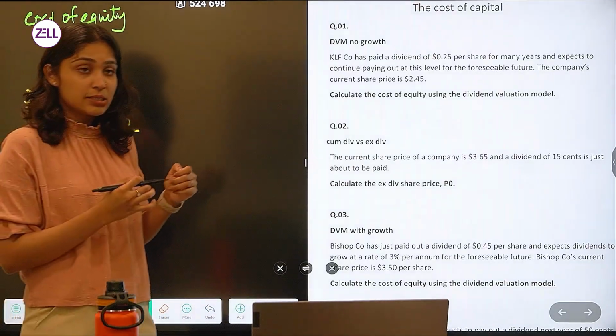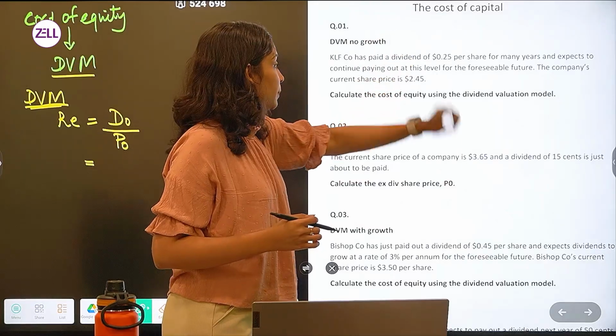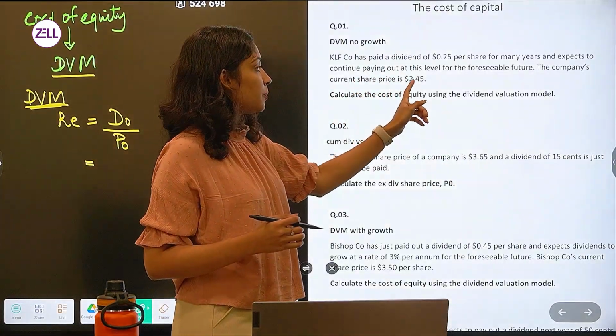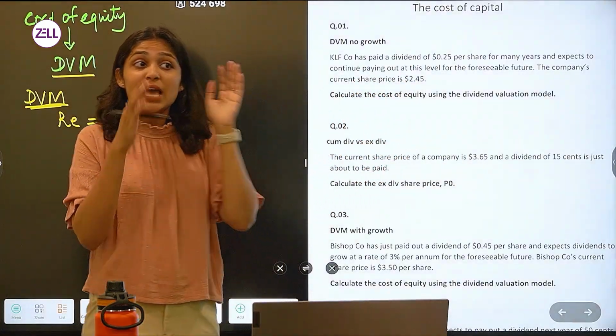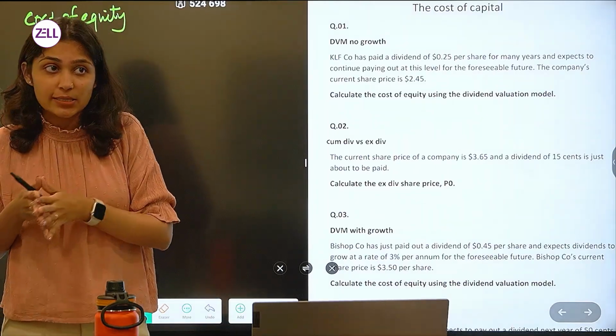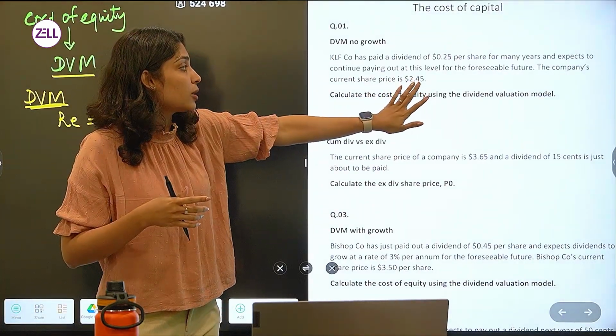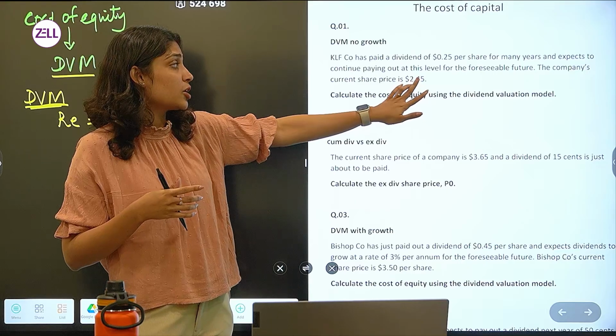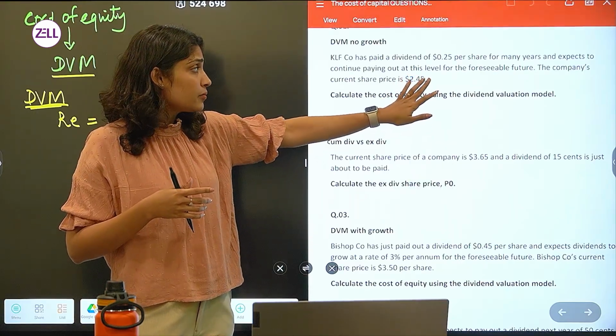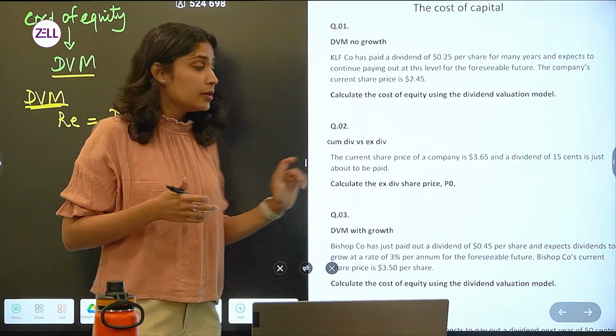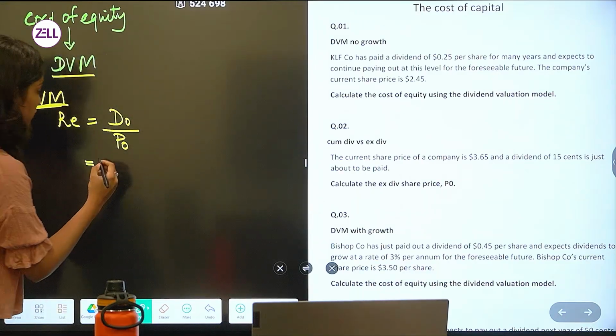So if it is already paid, the company's current share price, this 2.45, is the ex-dividend share price. Now why do I say this is the ex-dividend share price? Because the dividend is already paid. Correct? So the formula is simple.